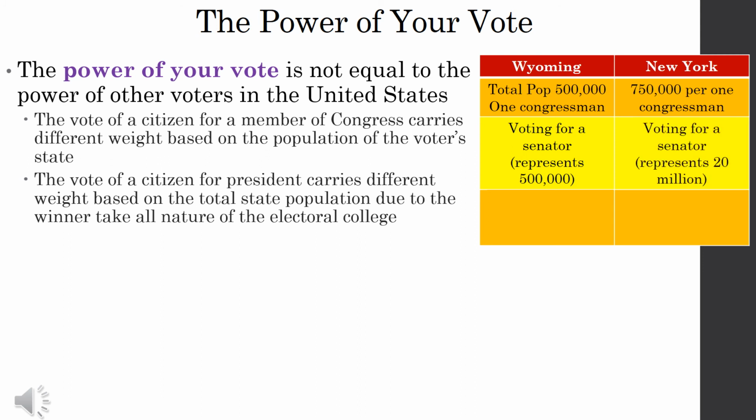Voting for a senator in New York, that senator represents 20 million citizens. So, to equal the power of one Wyoming vote, you need the power of 1.5 New York votes. Or in other words, somebody's vote in Wyoming carries more weight than that same vote in New York.